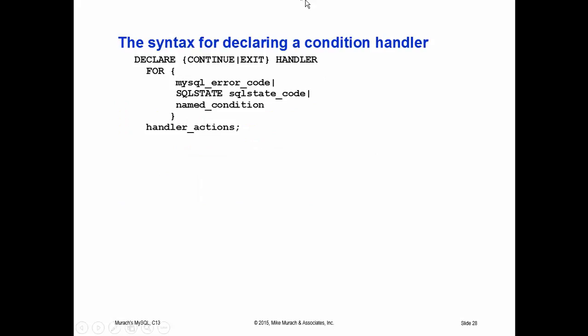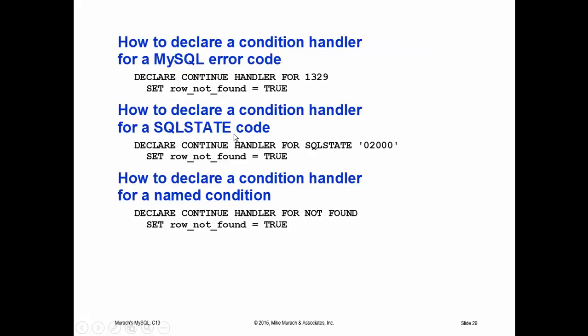With the condition, I guess I jumped ahead a little, because with the condition handler, what this is saying is, if I've got this error, what do I want to do? So declare a condition handler. If this kind of error comes up, this is what I want to have happen.